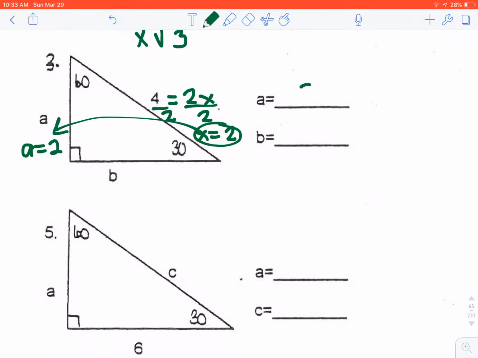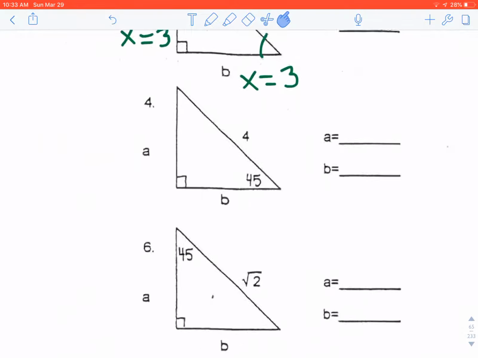So our a is 2. Okay. Our longer side is always the shorter side times square root 3, which is just x times square root 3. So I'll write this down. So you're just taking your 2 that we just found and plugging it in for x. Okay, so b is 2 square root 3.